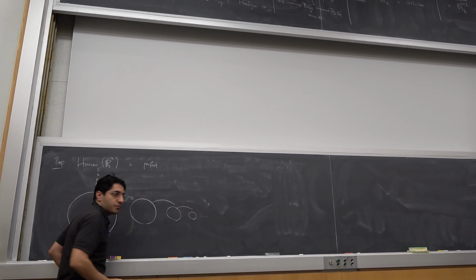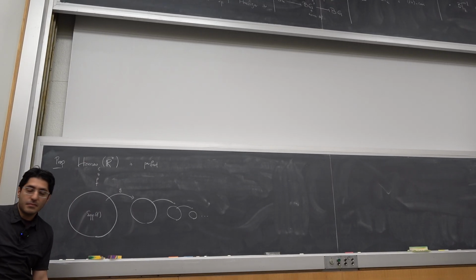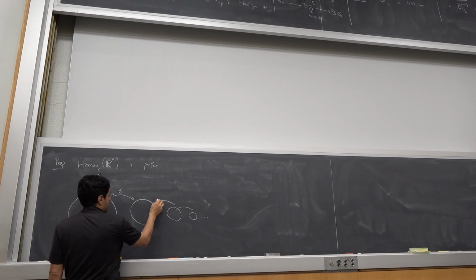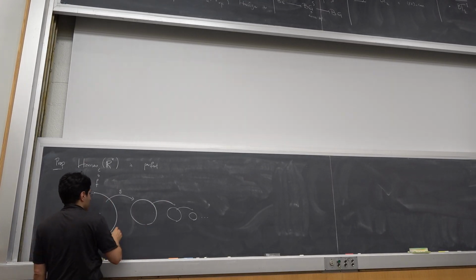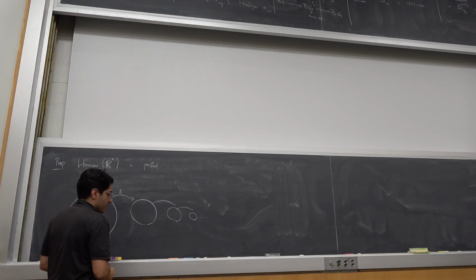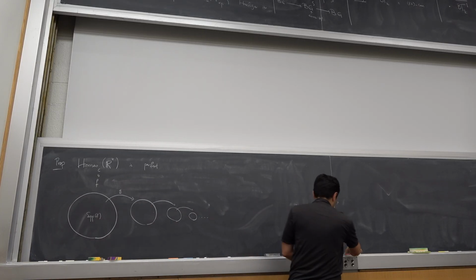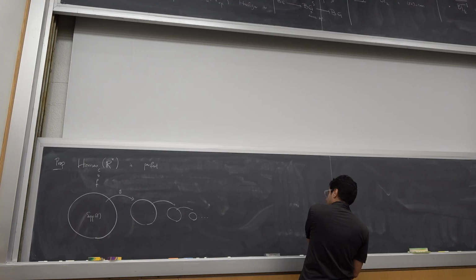Until maybe you converge to a point in Rn. Okay? There exists such G that does this, and then you define a new element here.